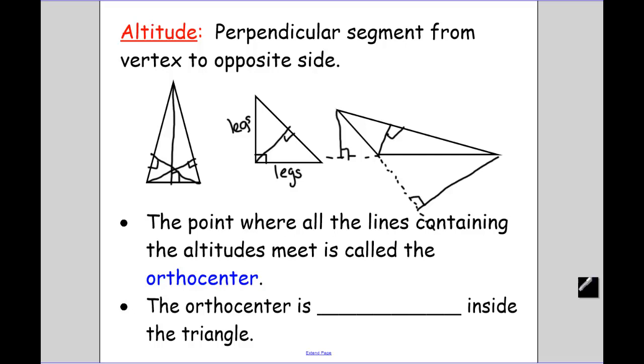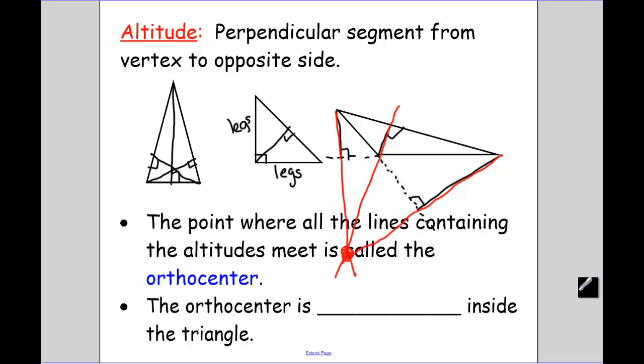And the point where the lines containing the altitudes meet is called the orthocenter. Again, that's going to be important to us in later chapters. And the orthocenter, if I extend, so that's the line containing the altitudes. I'm going to extend all my altitudes so that they look like they're going to meet at a point.